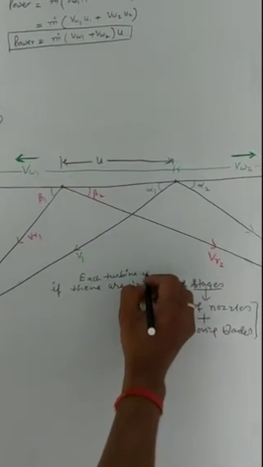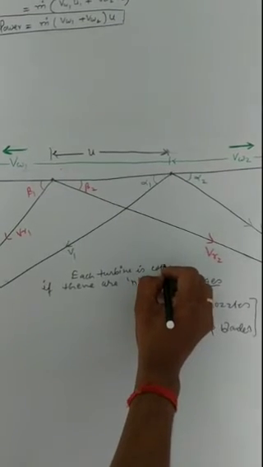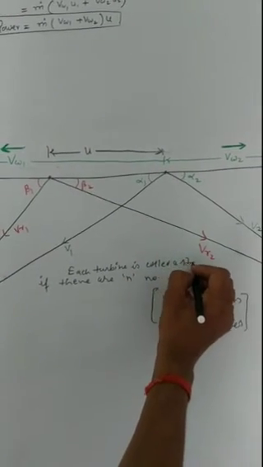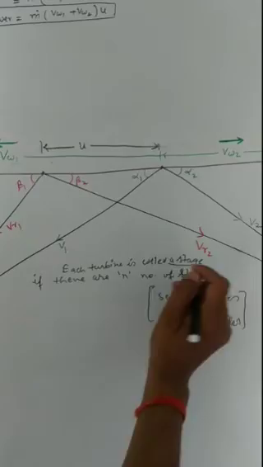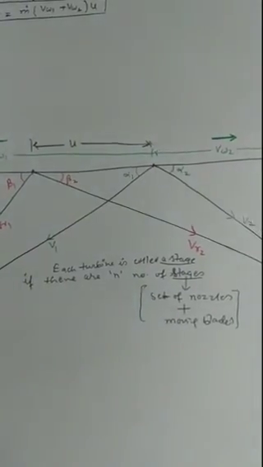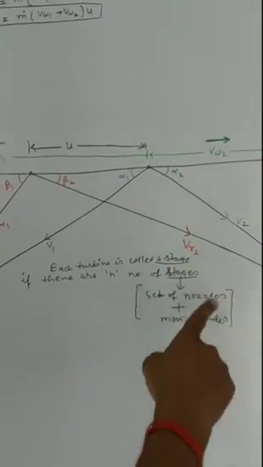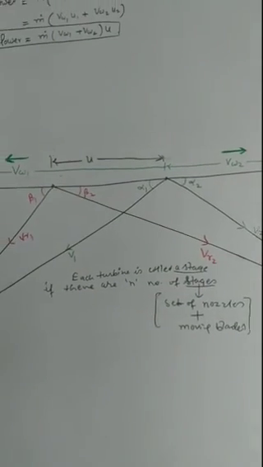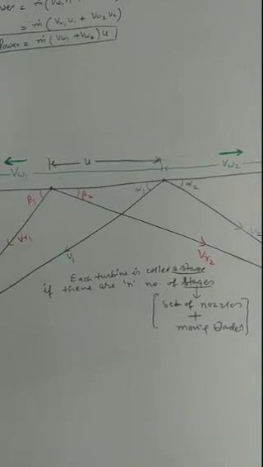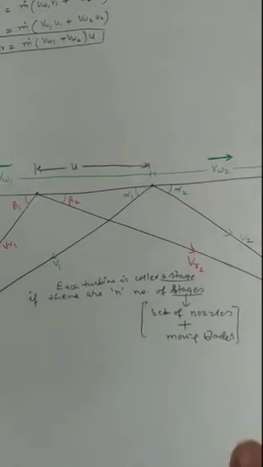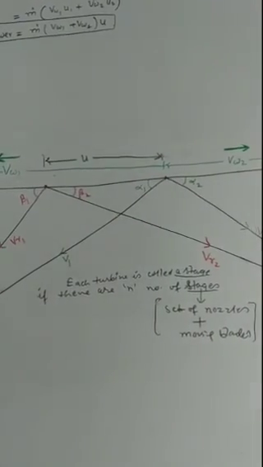Each turbine is called a stage, and each stage comprises a set of nozzles and blades. Staging is the connection of more than one turbine on the same shaft.